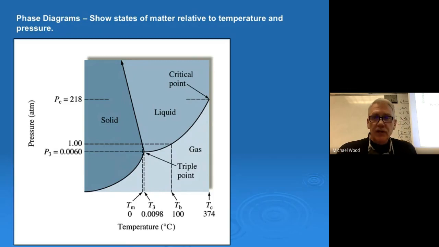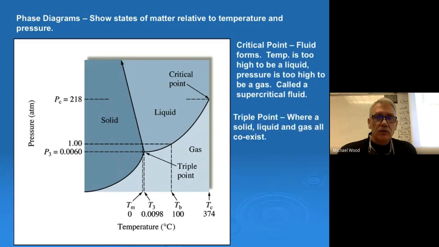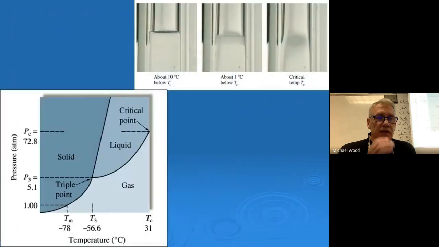Okay, and then we've talked about this. Here, the next slide. This is CO2, and again, this is where most everything else would be, with the melting curve being a slope like that. It's the same exact graph, and the picture above is the critical point.